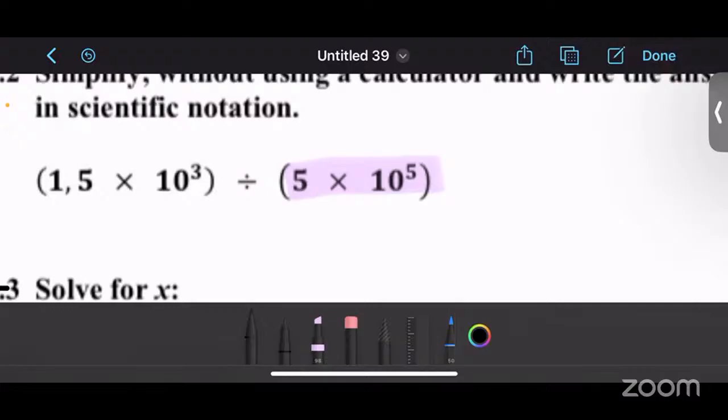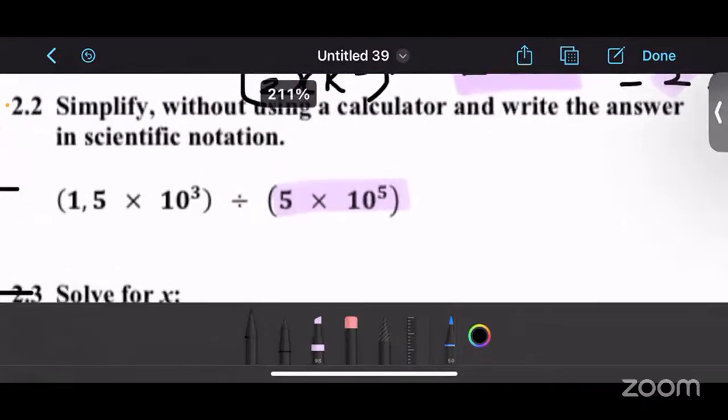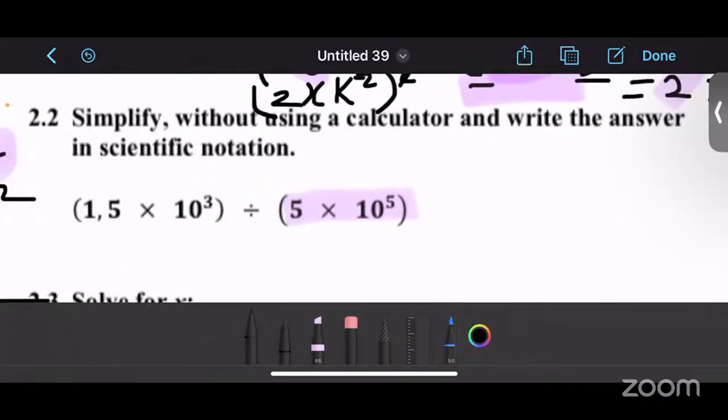Grace, do you want to share with us something? Ma'am, I don't understand the way Zahira is doing it because I'm doing it a different way and I'm getting a different answer. Give us your way.